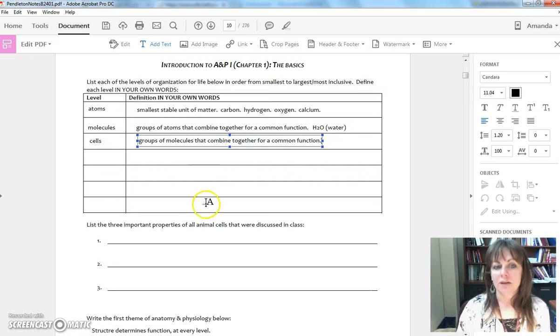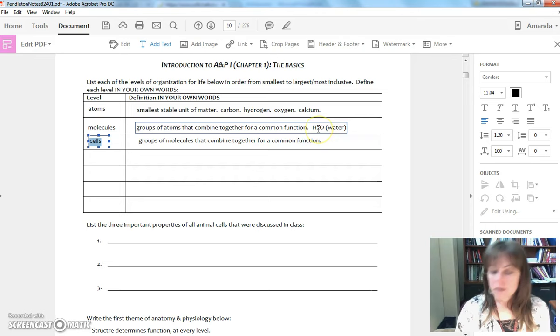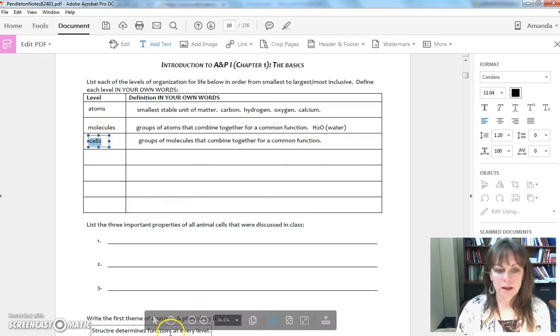From here on out, it's going to be groups of something that combine together. All right. So, one thing that you need to make note of is that cells are the first level that is considered alive. Oxygen, not alive. Hydrogen, not alive. Water, not alive. But you get to the level of a cell, and it is alive.